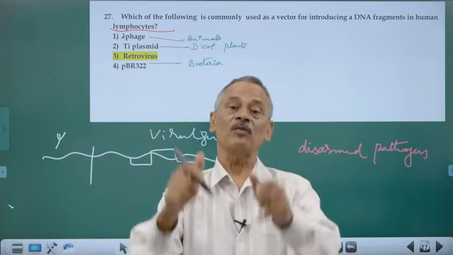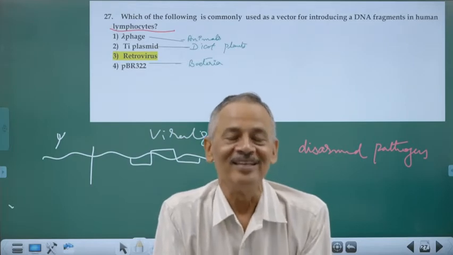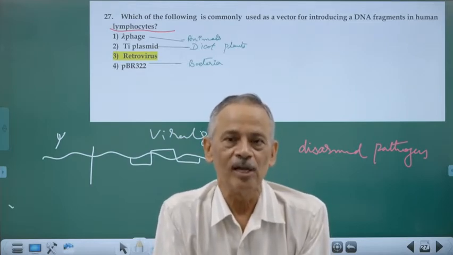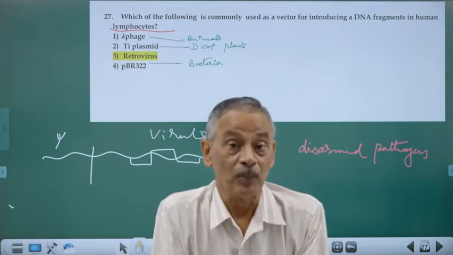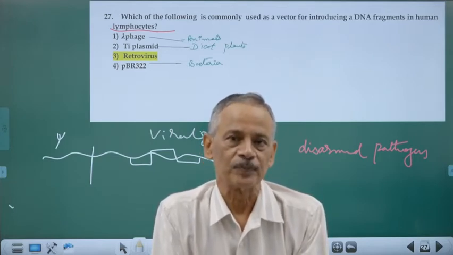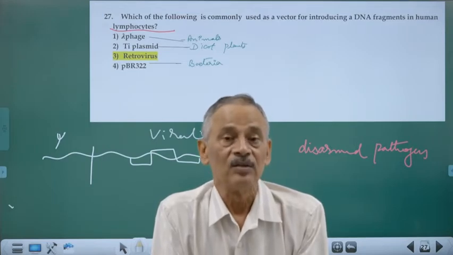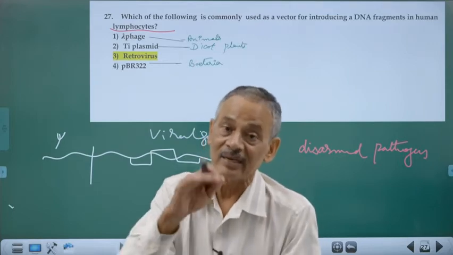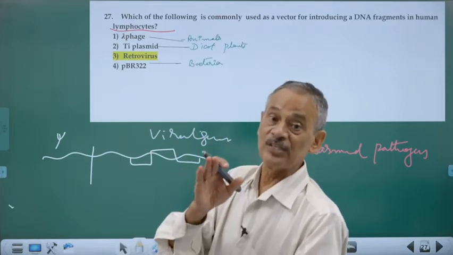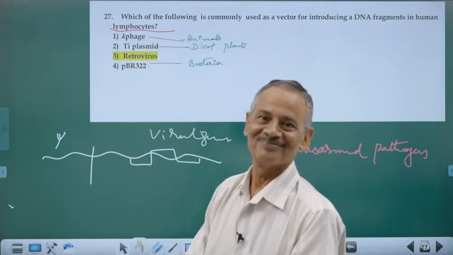In the next chapter we will be studying Ashanti De Silva, the first girl to be treated for severe combined immunodeficiency disease. This disease was treated by transferring normal genes. That's called gene surgery.